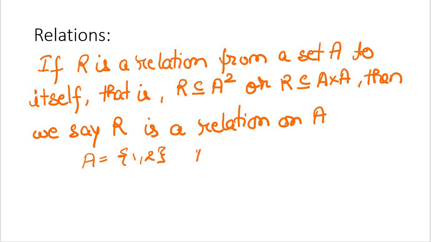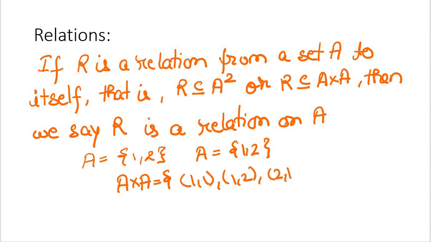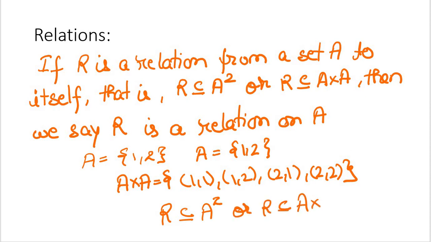So A cross A will be, now by this time I expect this answer from you guys, (1,1), (1,2), (2,1), (2,2), and this is nothing but a relation R. So we can write that R is a subset of A square, or R is a subset of A cross product A, where capital A is a set.